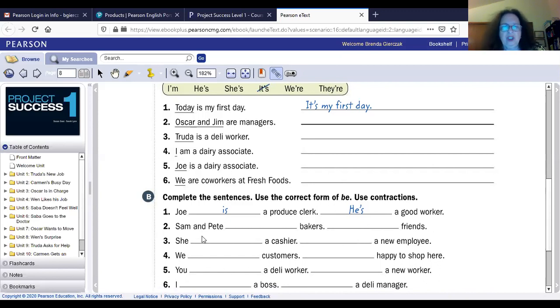Number 3 would be she is a cashier. The way we're going to write it is she's, S-H-E apostrophe S. She's a new employee. Number 4 would be we are customers. We're, W-E apostrophe R-E, happy to shop here.